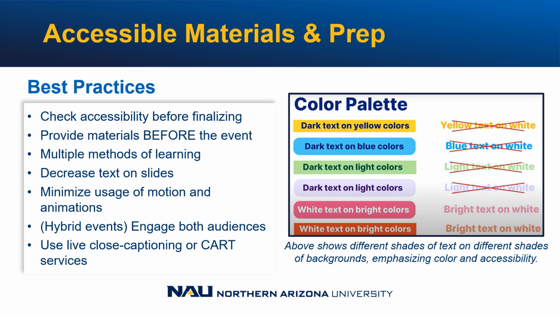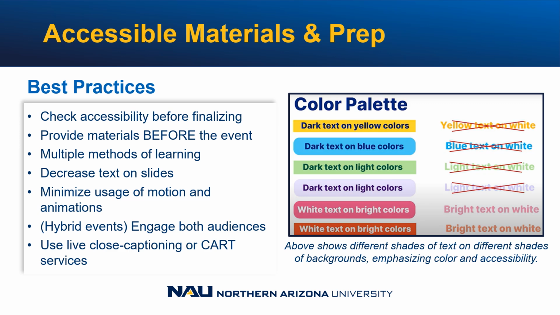So here are some best practices. Always check accessibility before finalizing your materials. Provide materials before the event. That way, if people do need to make changes so that the materials are accessible or more accommodating, they can do so beforehand. Include multiple methods of learning.